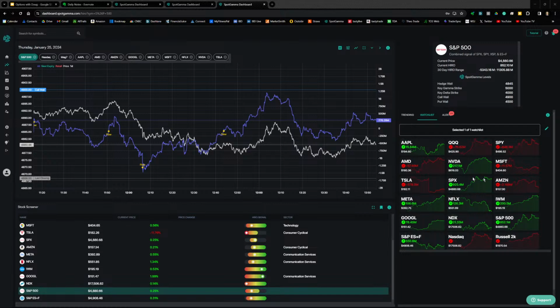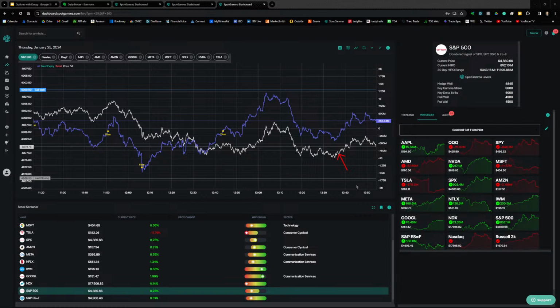This chart is showing the hero signal for the S&P 500. The chart is showing price for SPX with a white line. The purple line is showing the hero signal. Again, that's hedging impact real-time options. And a rising purple line indicates traders are taking positive delta positions.